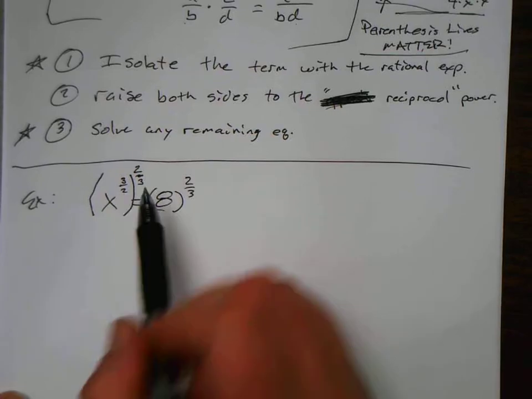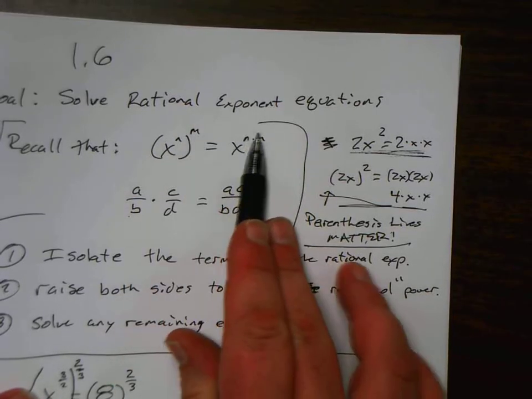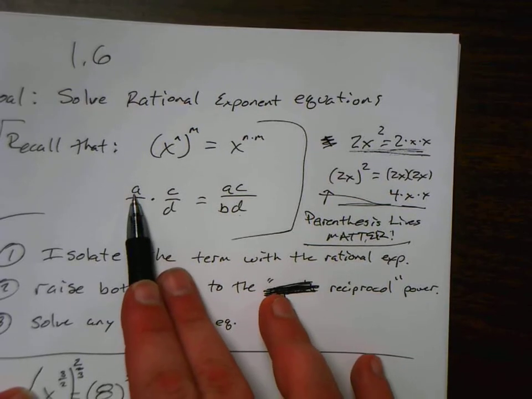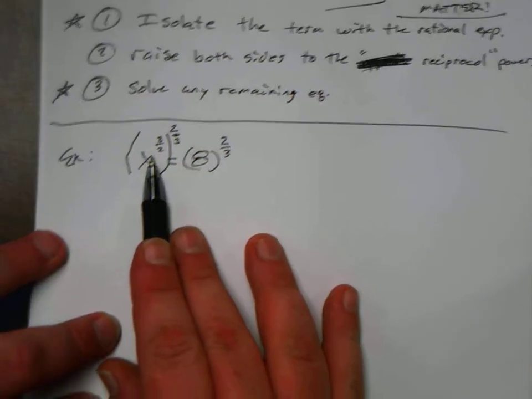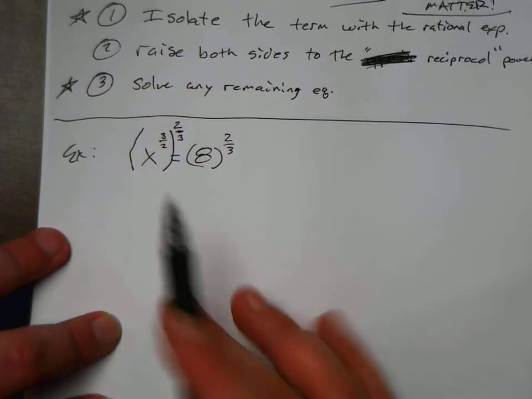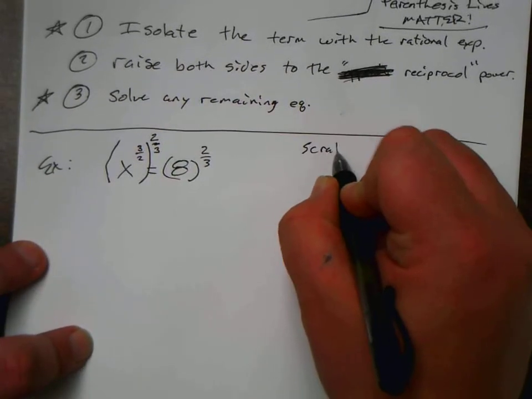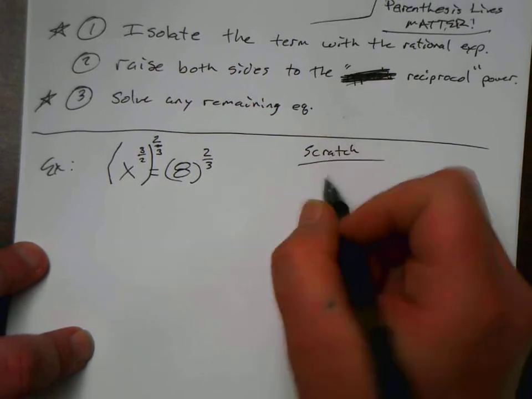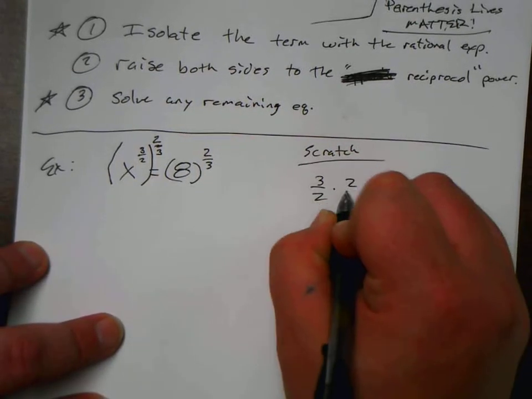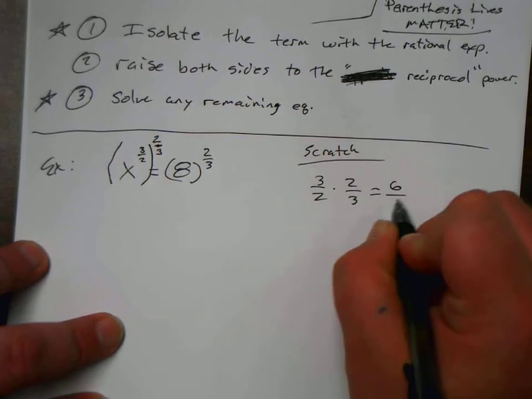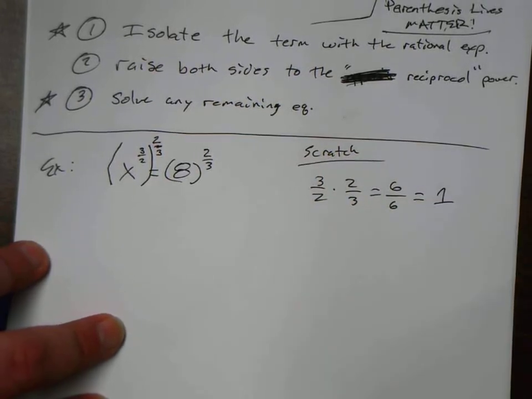So now, recall, power to a power, we multiply, and a over b times c over d, across the top and across the bottom. Well, here I have a power raised to a power, and I need to multiply. So let's take a look at some scratch work over here. Power to a power, I need to multiply, and 3/2 times 2/3 is 6/6, which is 1.